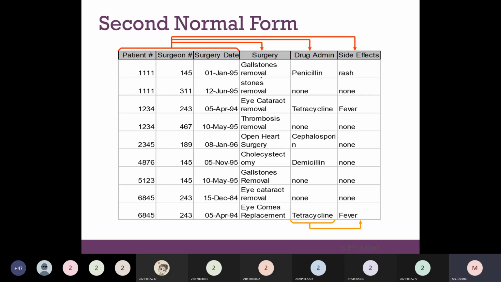We make use of patient number and surgeon number to determine the value of surgery date, that is, the surgery information, pre and post surgery procedures. So we are breaking our table into three. One holds the patient information alone, another holds the surgeon.